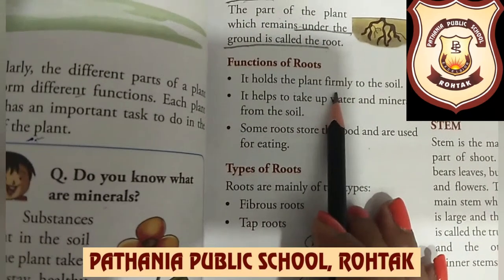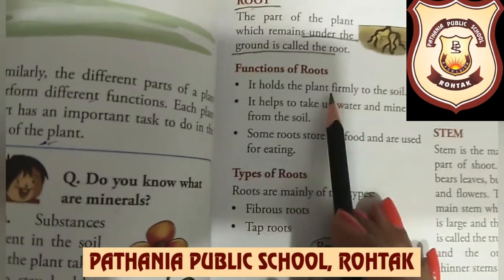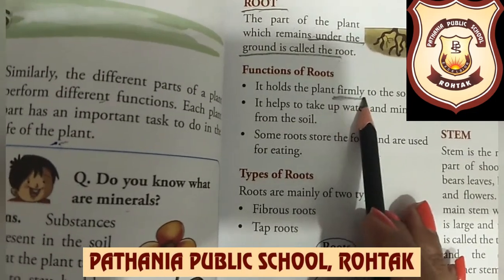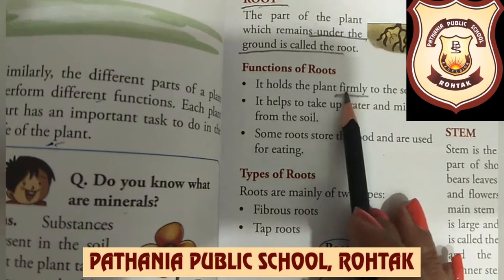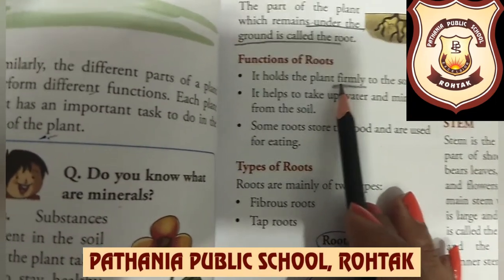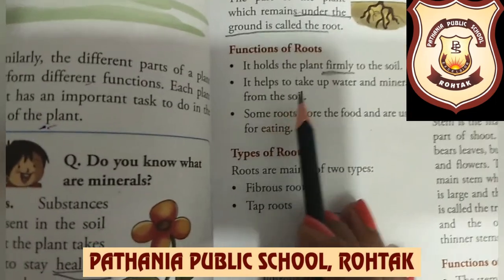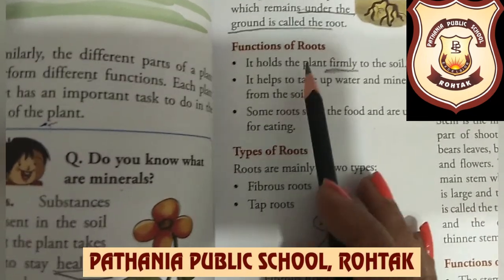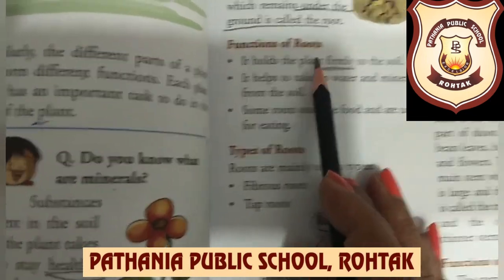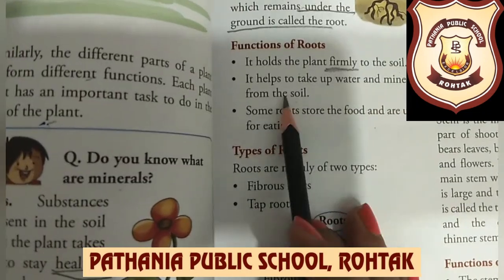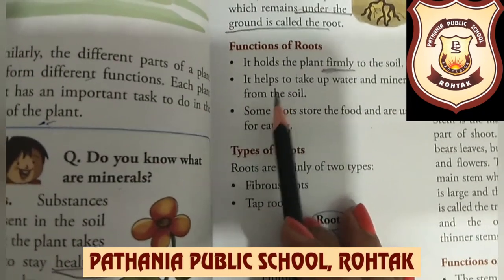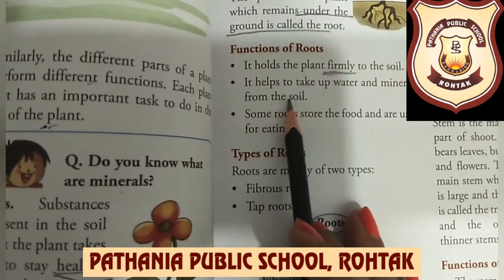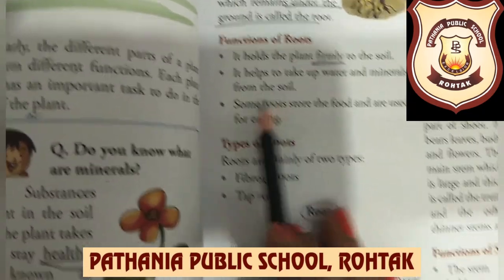It holds the plant firmly to the soil so that it cannot move when winds are heavy. It helps to take up water and minerals from the soil. Yes, roots take up all the minerals and water from the soil, and then the stem transports all these minerals and water to the rest of the plant.